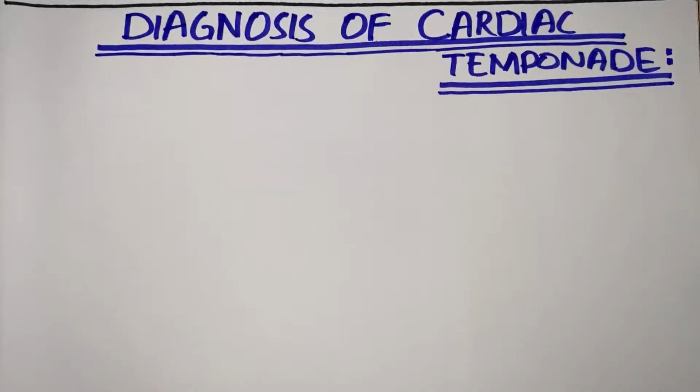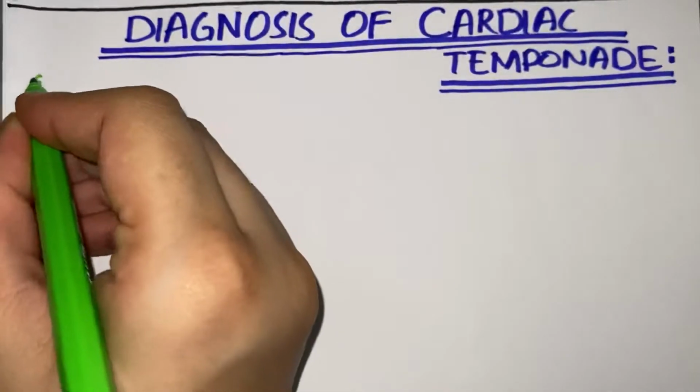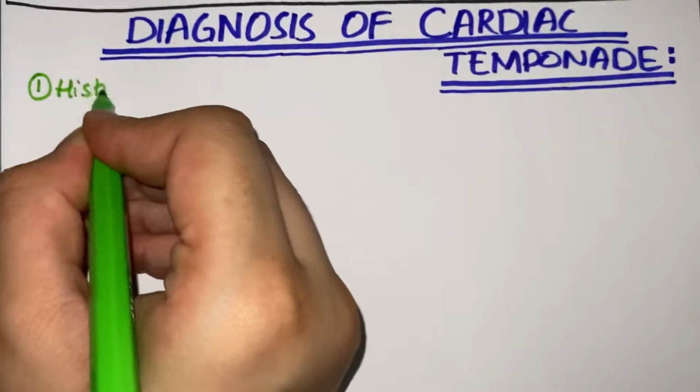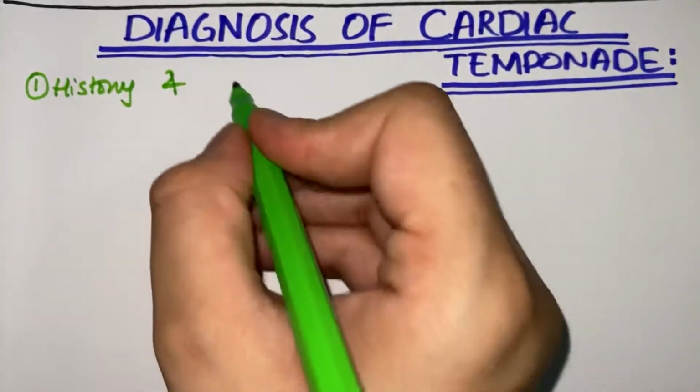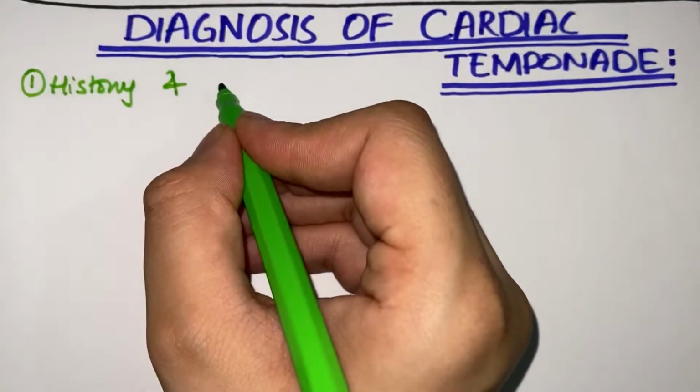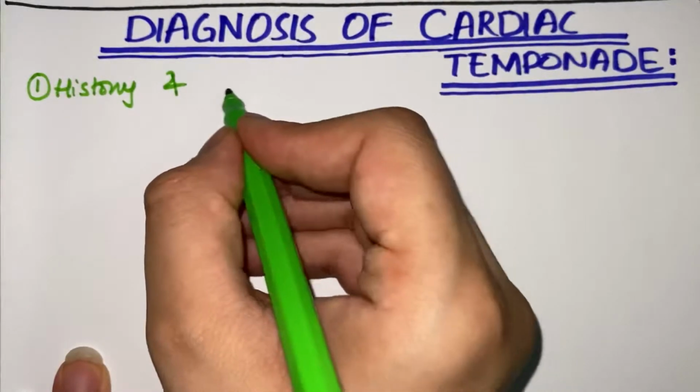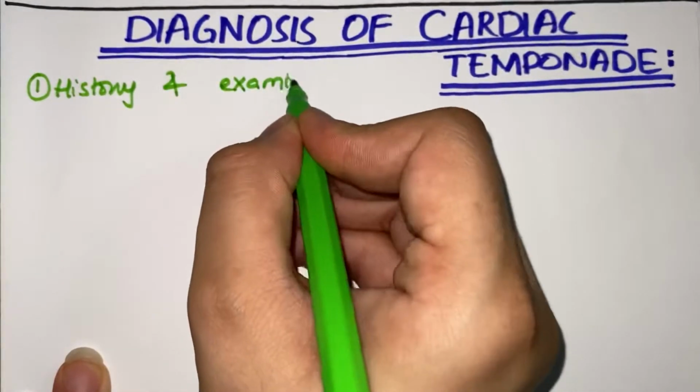Starting our discussion, for every diagnosis, when we start examining a patient, we start with history and examination. The first step in every disease is a proper history and examination of the patient.